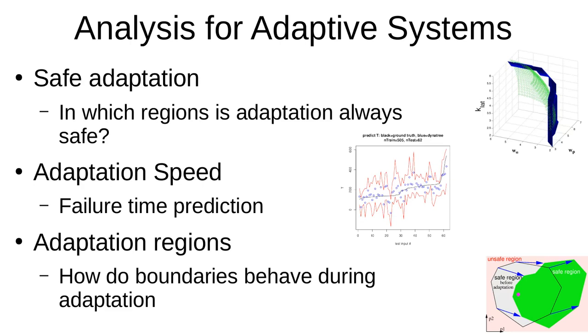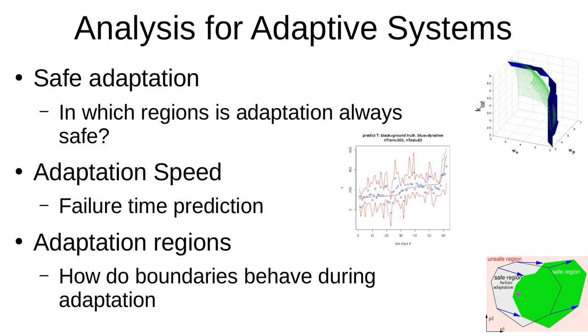So this analysis can reveal two things. One is that the size of the safe region stays pretty much the same, which is in most cases a good feature. But on the other hand, the point of operation now is much closer to the safety boundary, which might be a concern for safety, something which might be addressed by the designer of the system.